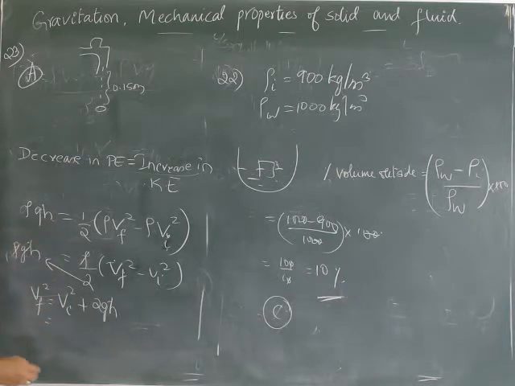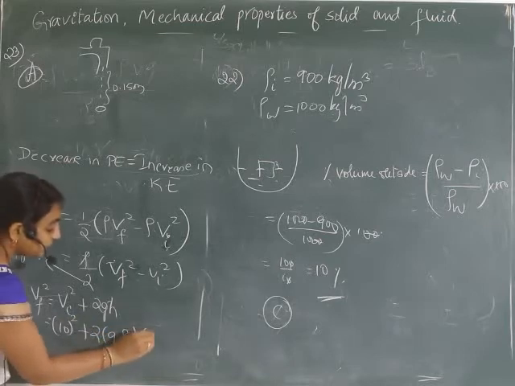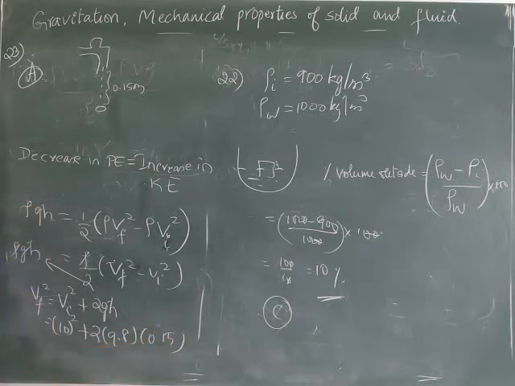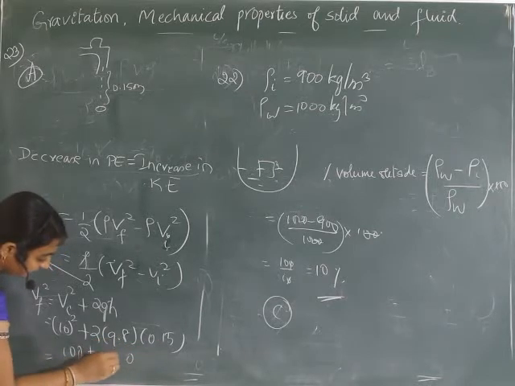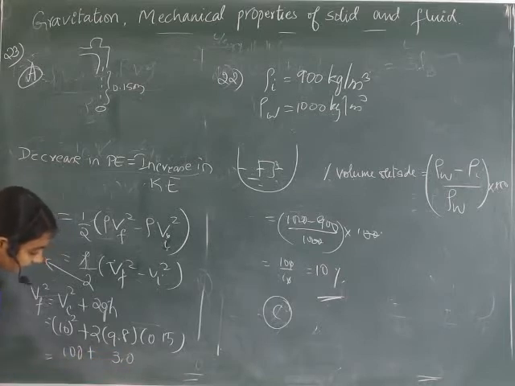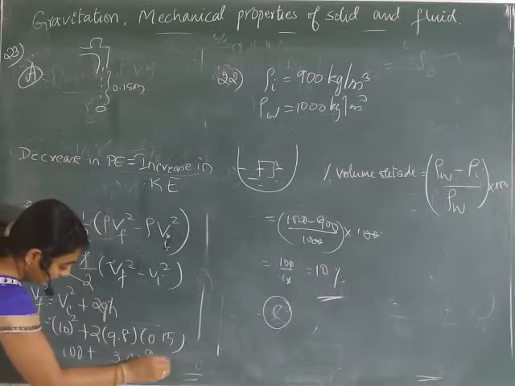Initial speed is 10, that is given. So 10 square plus 2 into 9.8 into 0.15. What is the answer we get? 100 plus 3 into 9.8.